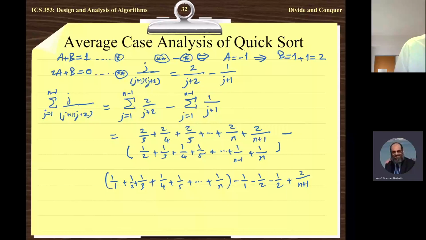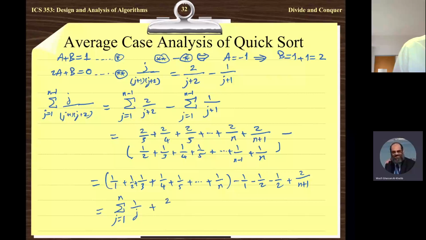Okay, so basically these two things are equal, and therefore what do I have? This is equal to sigma 1 over j from j equals 1 to n, and then minus 1 minus half minus half. This is minus 2, right?